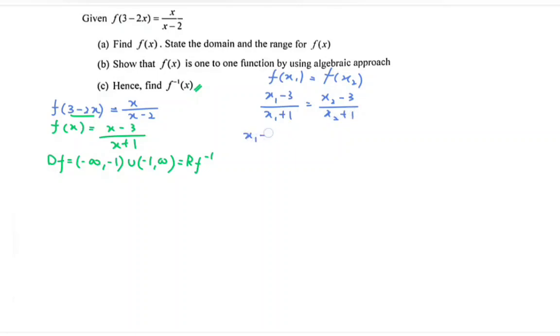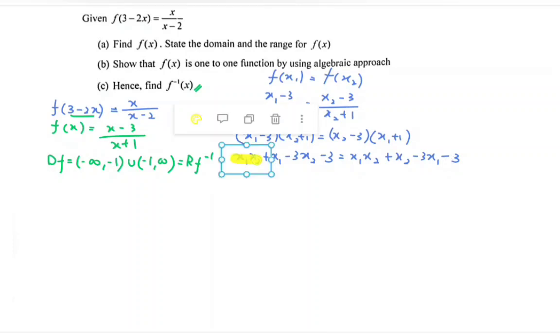So (x1 minus 3) multiply with (x2 plus 1) equals (x2 minus 3) multiply with (x1 plus 1). Kindly expand. x1x2 plus x1 minus 3x2 and then minus 3. So x1x2 plus x2 minus 3x1 and then minus 3.